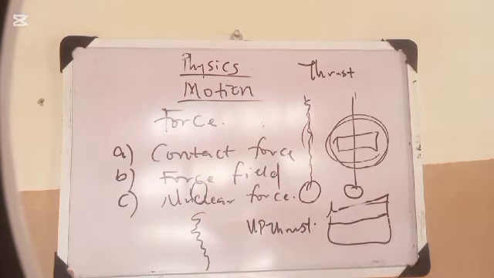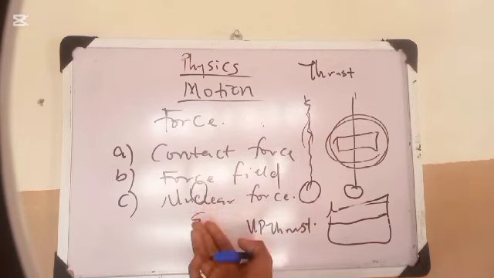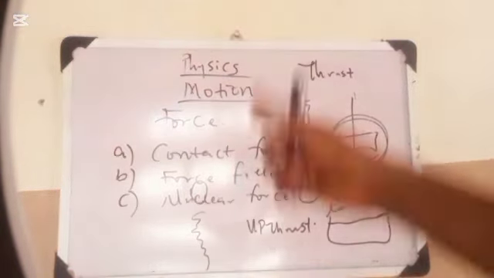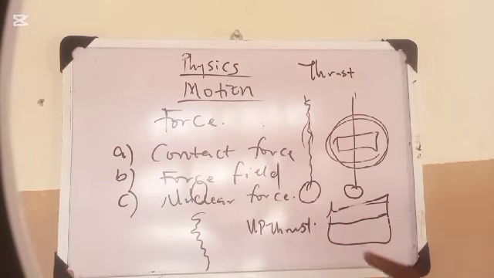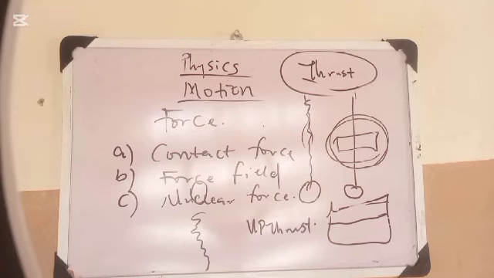You will notice that the spring will be opposing the force that is coming to it. You see that the spring will be bouncing up and down. So that type of contact force is called thrust. Then we look at our force field.